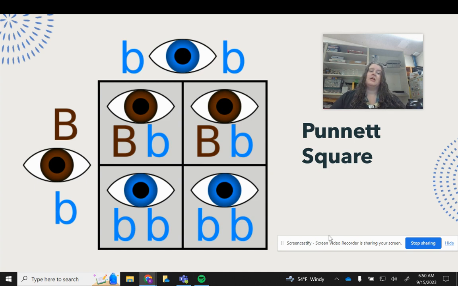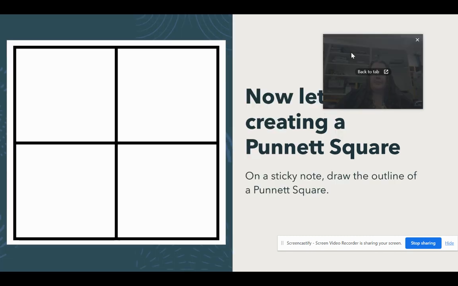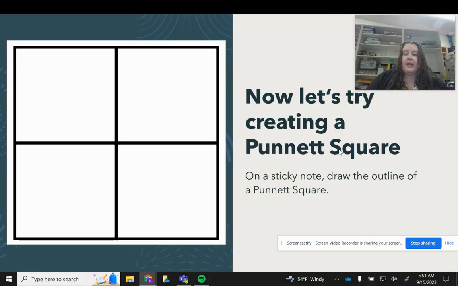Otherwise, you can see here we have a dominant and a recessive. Because the dominant is stronger, it takes over from the recessive trait, so it's the one that shows up. That's how I know my mom has a recessive trait, because I don't have brown eyes. If I had brown eyes and all my siblings had brown eyes, we could probably say that my mom had two dominant genes.